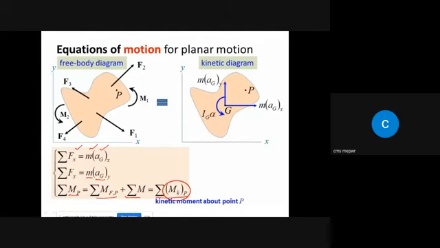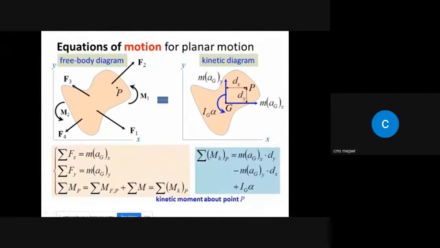So MkP is basically the kinetic moment at any random point P. For example, if you want to find out the moment at this point, the moment at this point may be different, but at any random point, it can be written as Mk. This has been given the name of kinetic moment about point P. Again, as I have told you, the question may arise in everyone's mind: what is MkP?